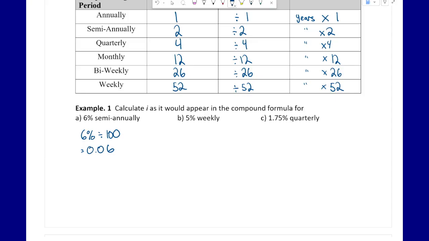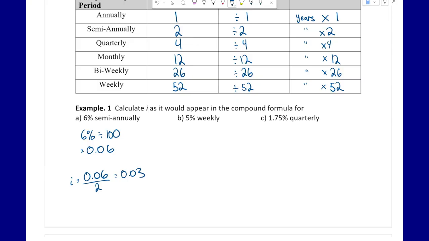So we take the 0.06, divide it by 2, and for our i value we get 0.03, or 3%. That means 6% per year is actually broken up into 2 segments of 3%.